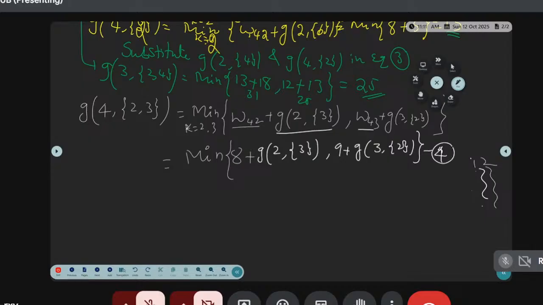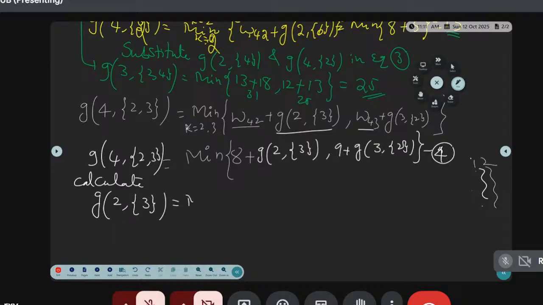Now calculate g of 2 comma 3: minimum of k value, 1 k plus g of k.